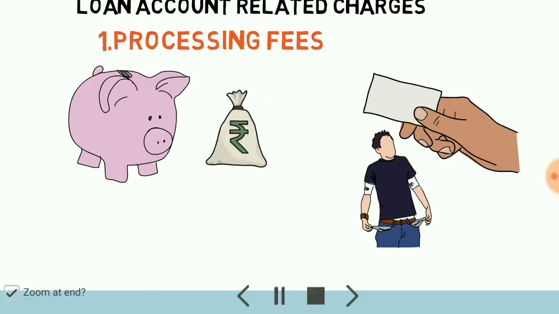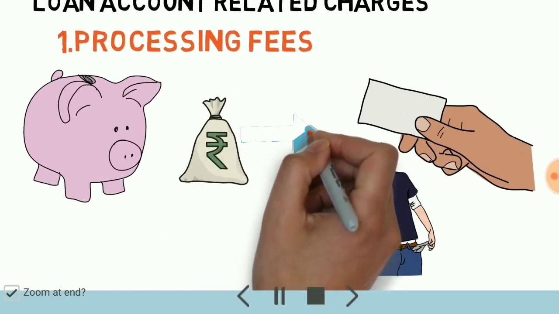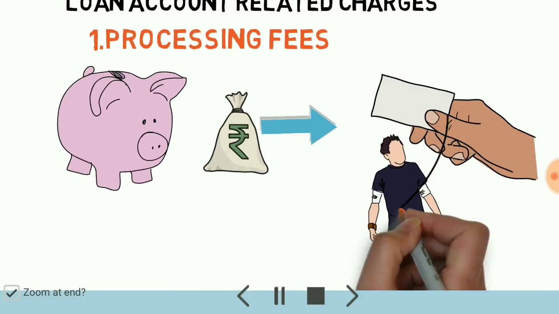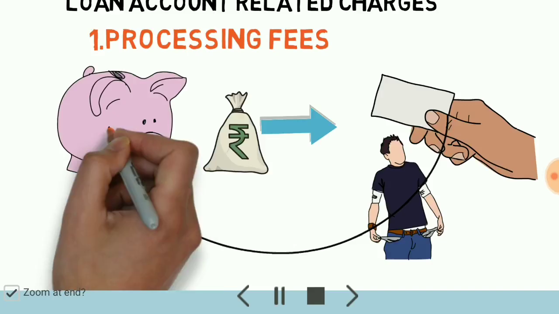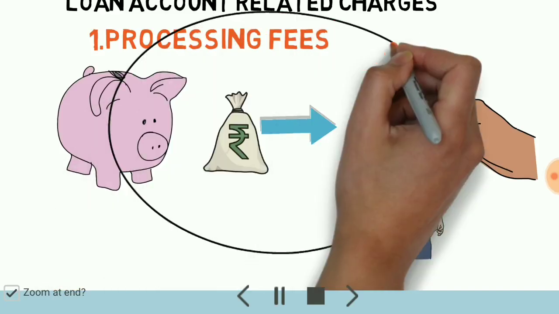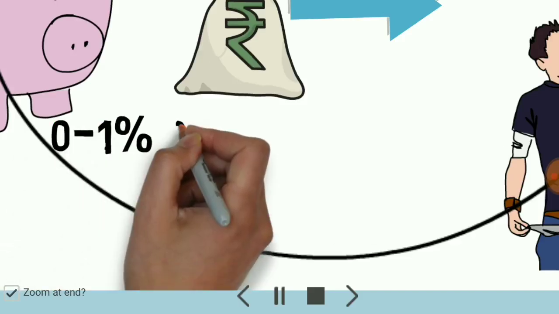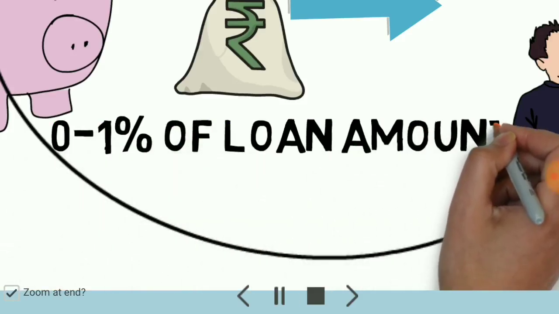Then the bank will grant the loan after considering all these factors. And this is not a one day process. This requires lots of time. That's why the bank will charge you a certain percentage of the loan amount as processing charges.